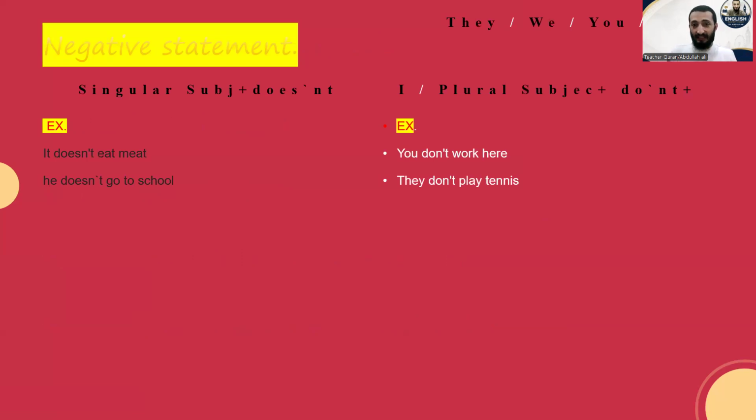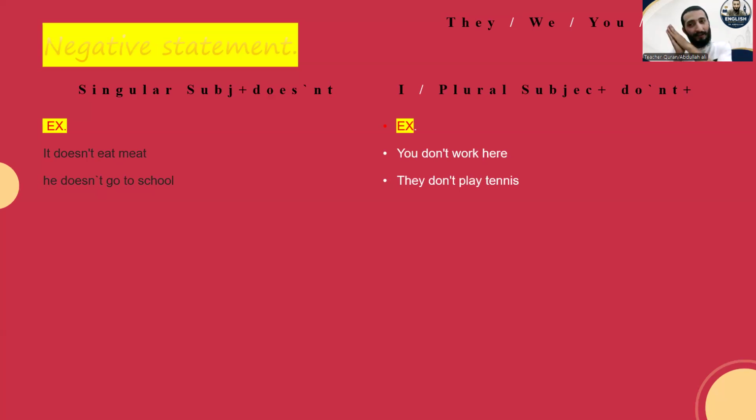Let's have the negative statements. For the negative, we use does not or doesn't with the singular subject, and on the other hand, with the plural subject, we use don't. For example, he doesn't wake up at 7 o'clock.